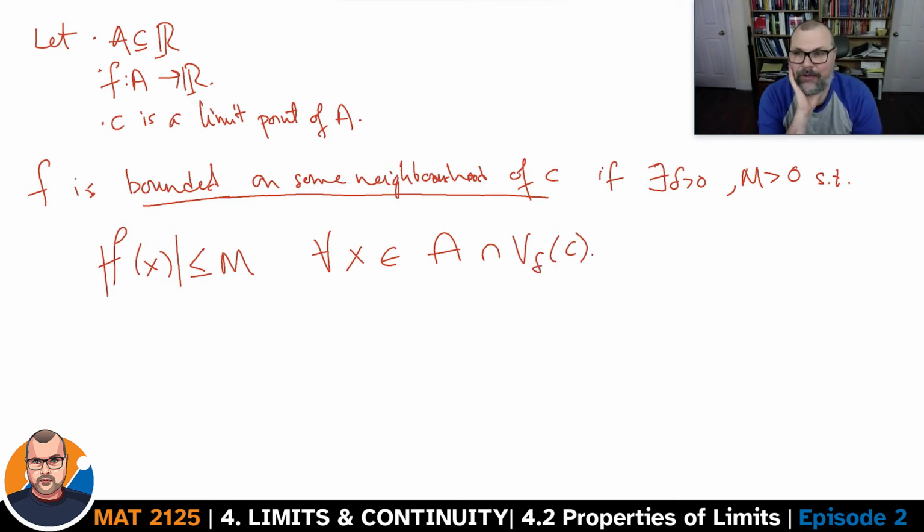I'm getting tired of writing C as a limit point of A, so I'm going to switch to this notation here: C is a limit point of A if C is in the closure.